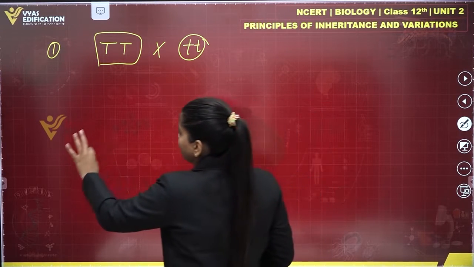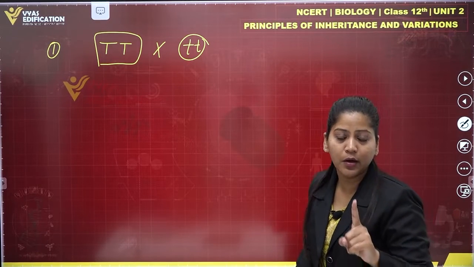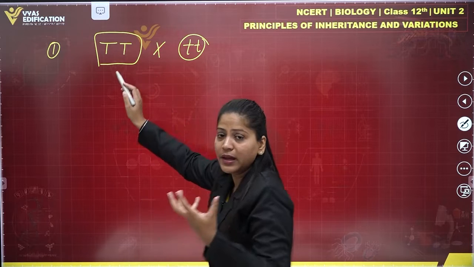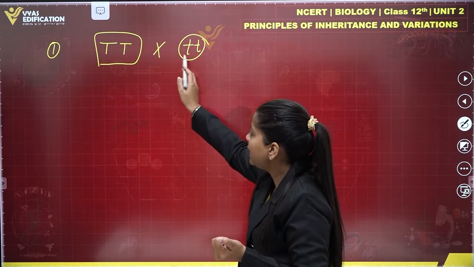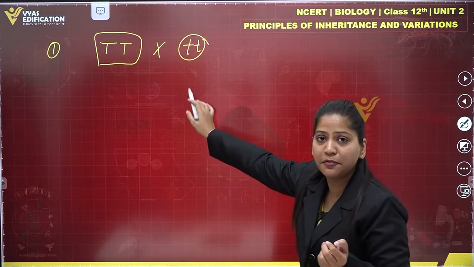Now in case number 1, if the organism is homozygous dominant, then in a test cross we mate this organism with the recessive parent.